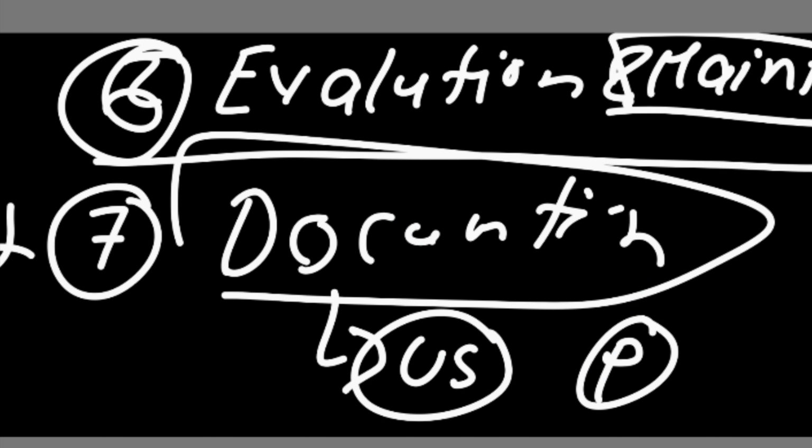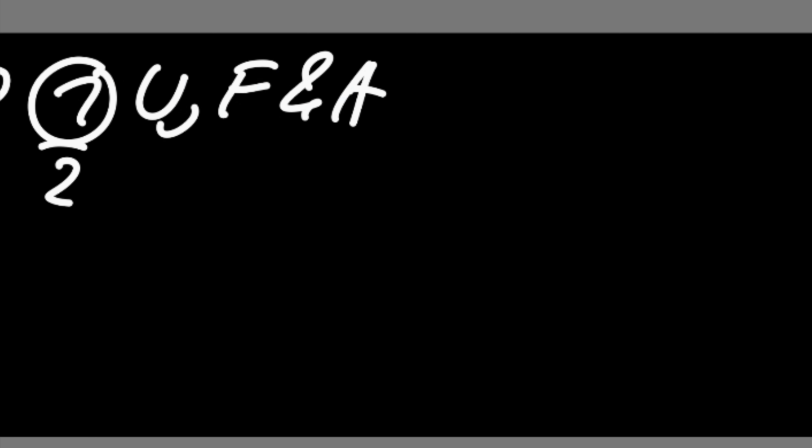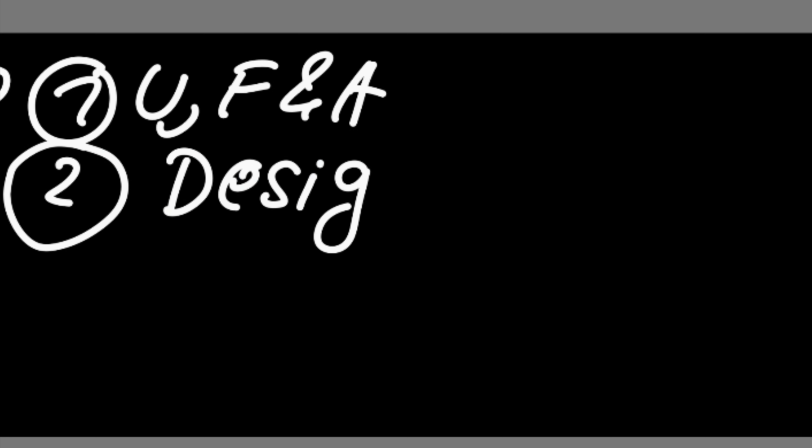So the step-by-step process of building a software is, first of all, user requirement, feasibility, and analysis. Then comes design, designing what needs to be done and what not.